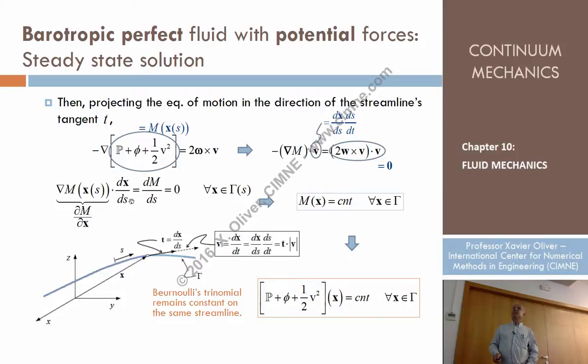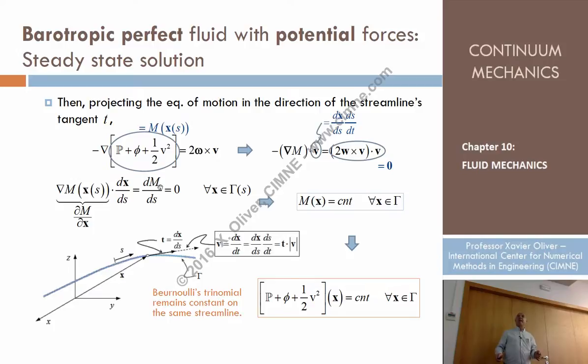But if I wanted to differentiate m with respect to s, I have to take the gradient and do that. So this is the differential of m with respect to s. This product, gradient of m times the velocity, returns the variation of the Bernoulli trinomial along this path line for different values of s.